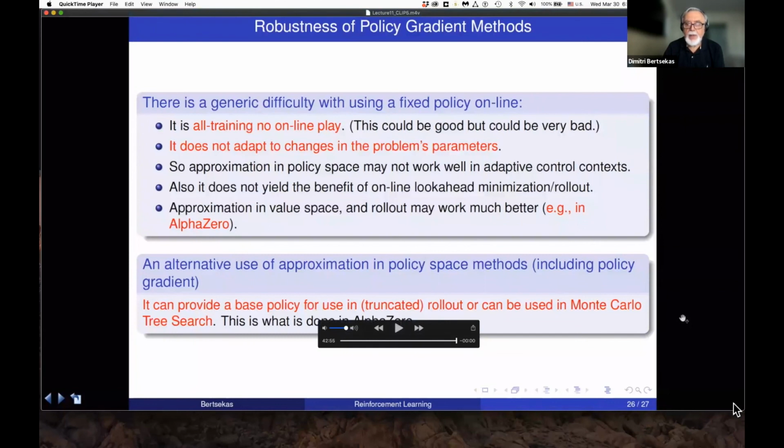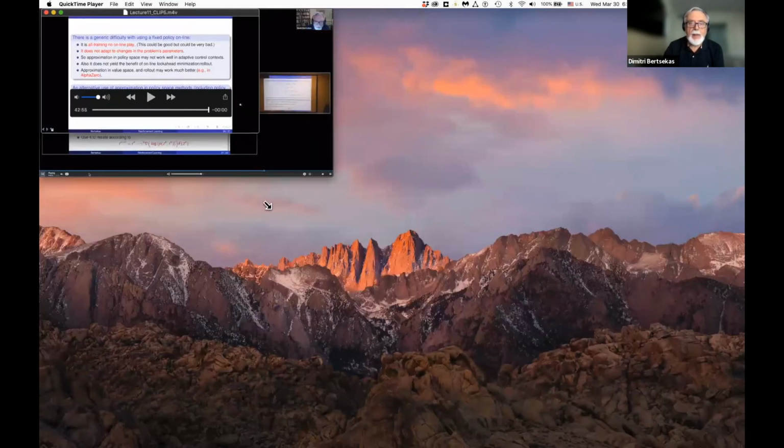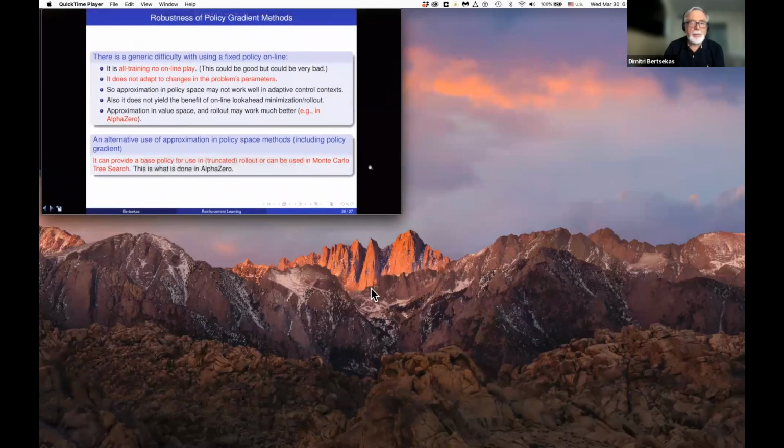Okay, I think we've reached the end of this video. Policy gradients and approximation in policy space are a vast subject, a very popular one, and we covered it very quickly, because our main subject has been approximation in value space, the connection with Newton's method that you saw, and this type of algorithm.